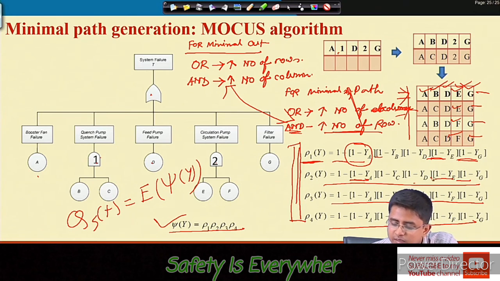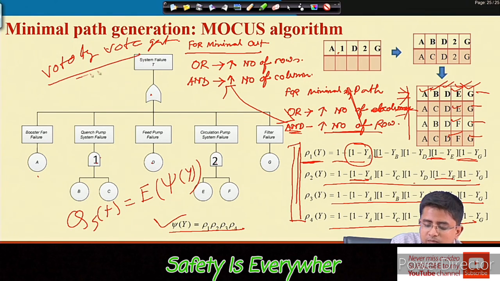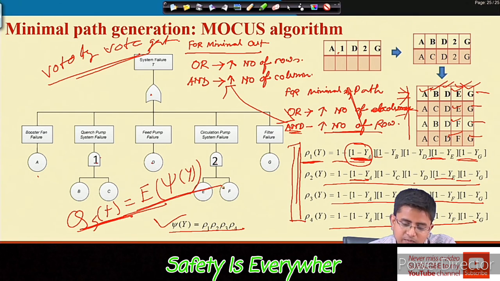You have seen in the last lecture, when you were calculating the vote-by-vote gate, that there are two unavailability values because of this term appearing more than once everywhere. So, for that you calculate and you dig down more. So, after that you put all the expected values of all the basic events, then you calculate the unavailability.